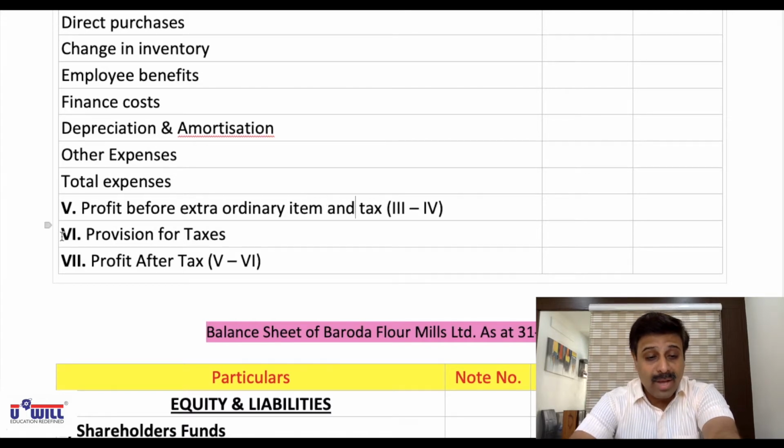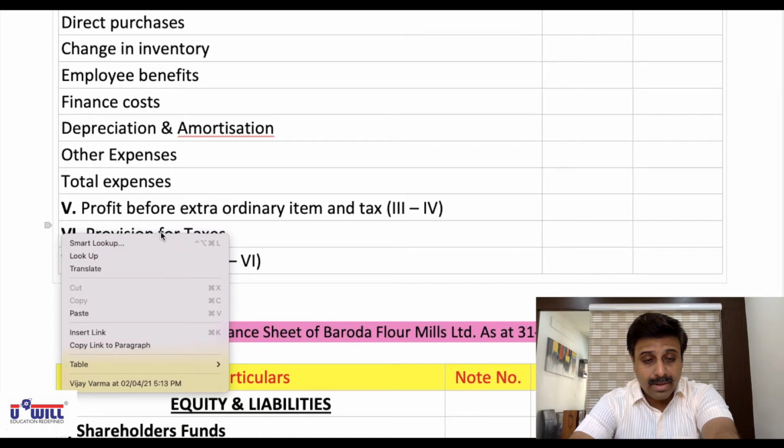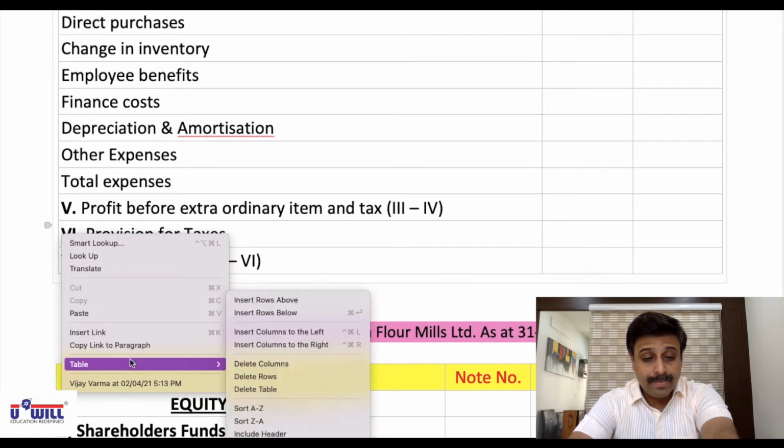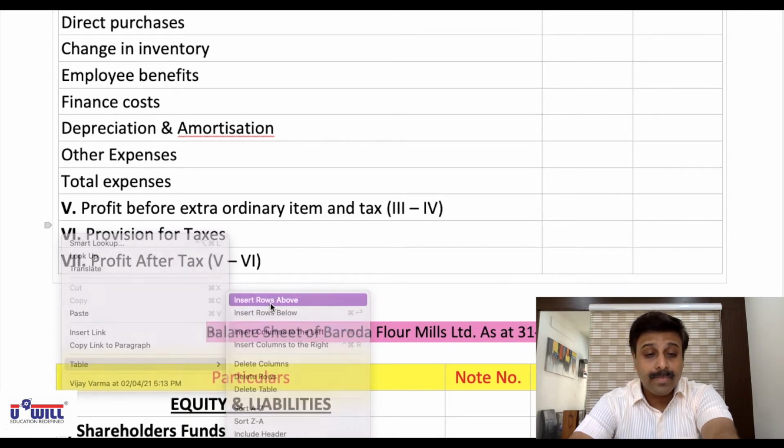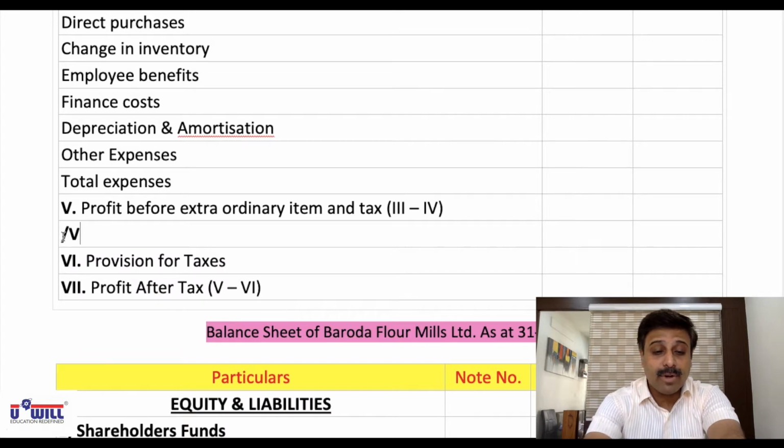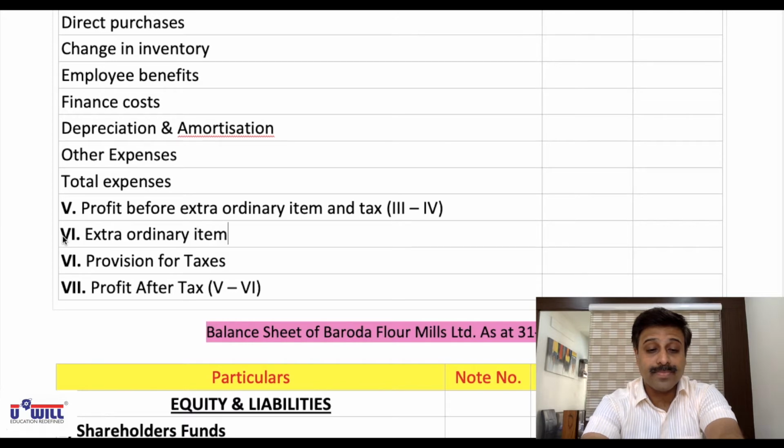Okay, and then you have, after that sixth item, extraordinary items. That is what we have, factory closure cost. Then you will have profit before tax.